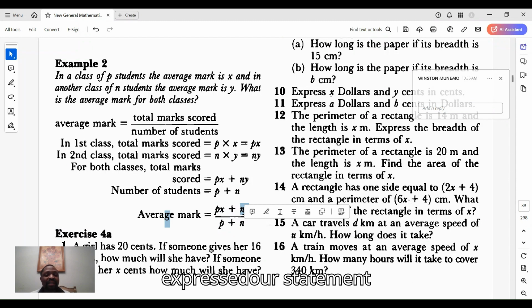So now we have expressed our statement as an algebra expression.